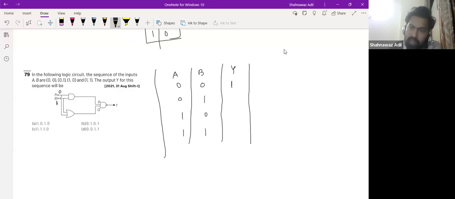Hmm, so Tarif is saying 0. Oh, Shahid is already saying option C. No, I'm talking about what would be the output here. In option C, you have 1. So you're saying 1. Okay.